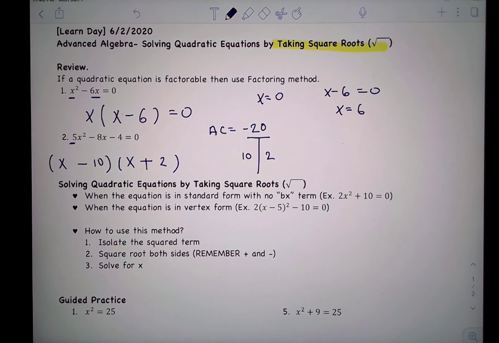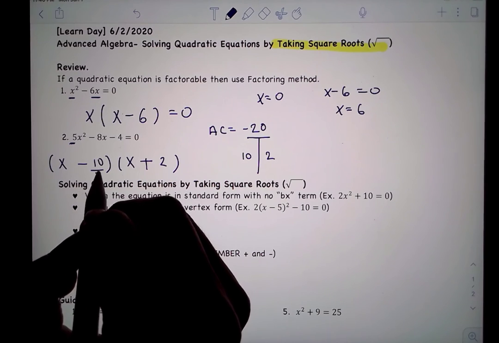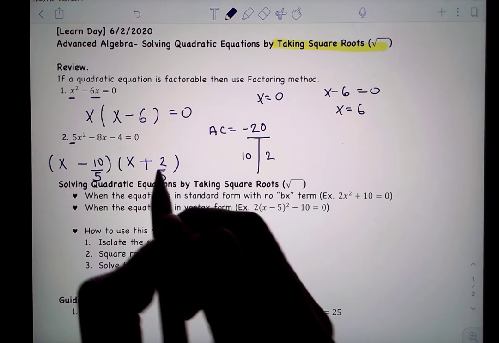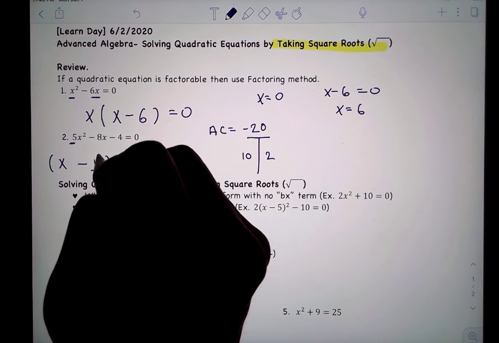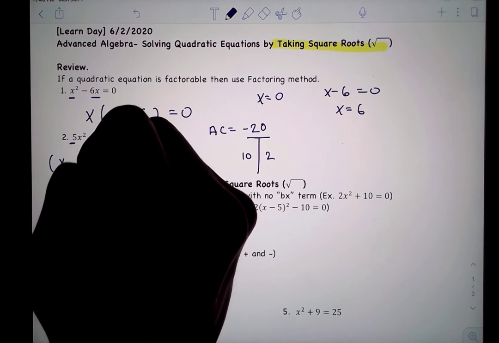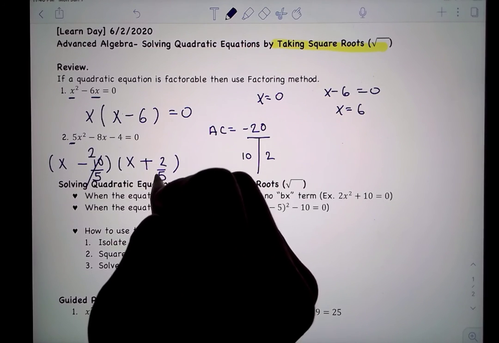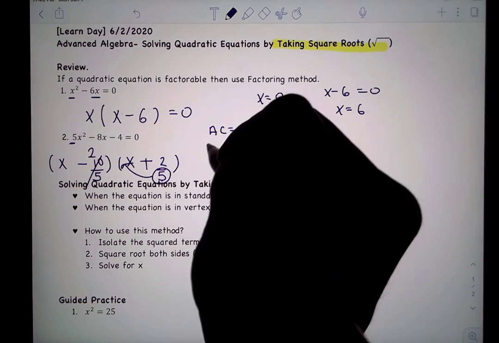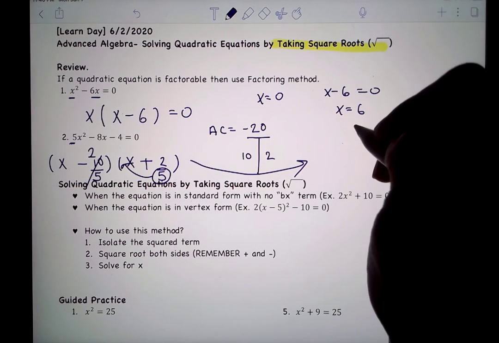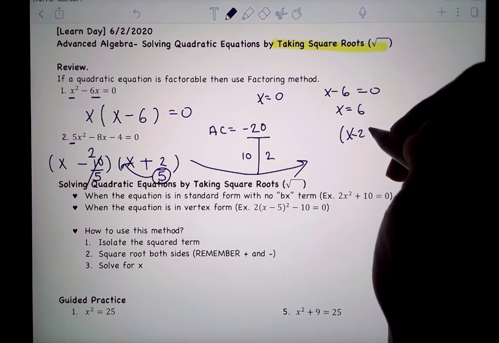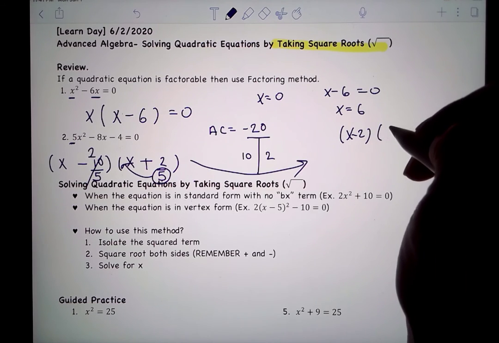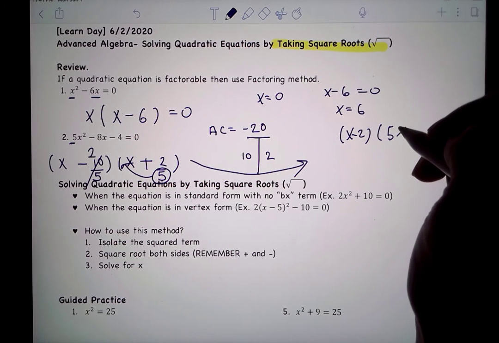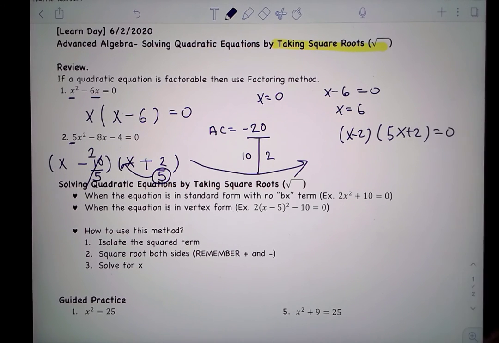And then we are not done yet. We need to divide it by A, right? So divide it by 5, divide it by 5. Then you can simplify this. That's 2, right? But this one you can't. So with bottoms up, you get this one. Let me write it over here. Then you get x minus 2, and this one is 5x plus 2 equals 0, right?